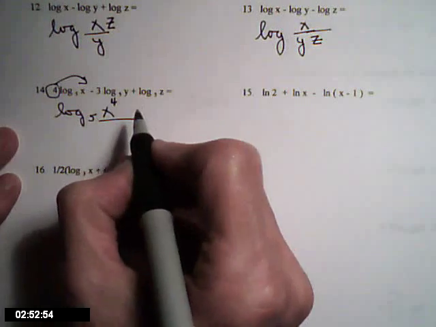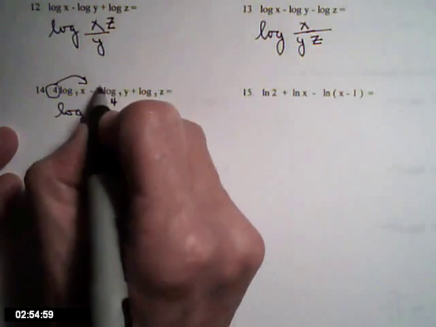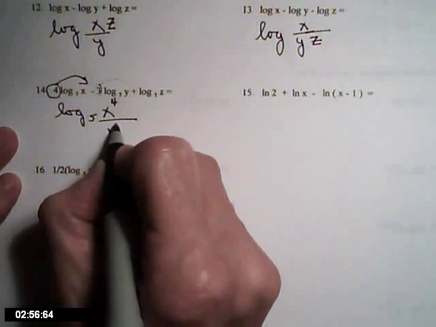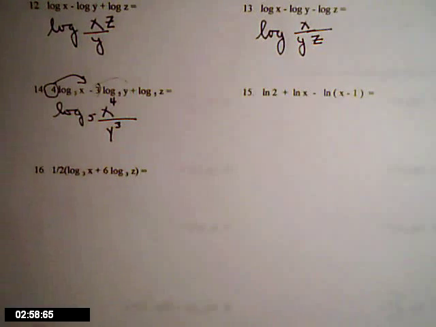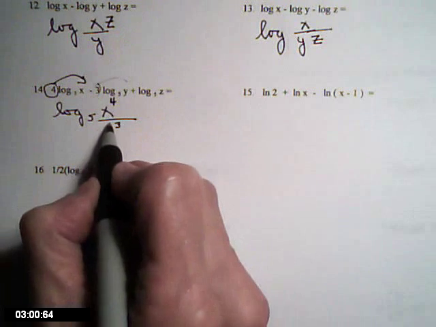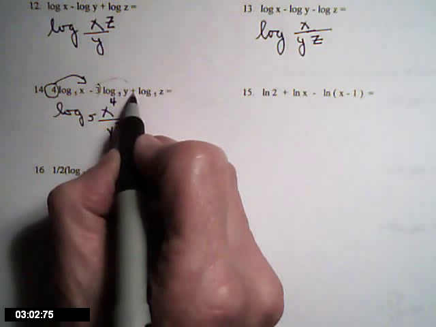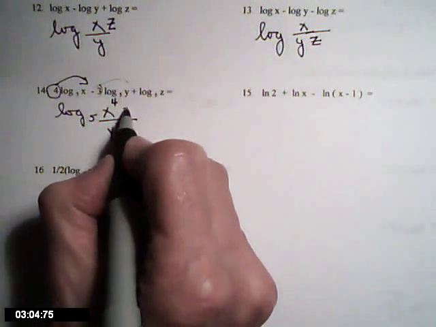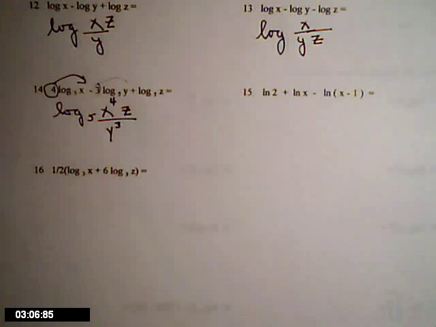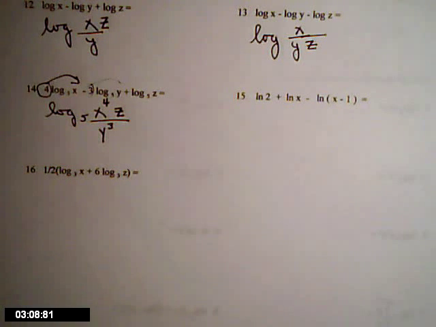Minus means we're going to divide by y. This 3 is going to go back as the exponent, excuse me. Now remember, the minus told you to go to the denominator. Now we have a plus, which pushes you back up into the numerator with z. Remember the rule. The term following the minus goes in the argument in the denominator.